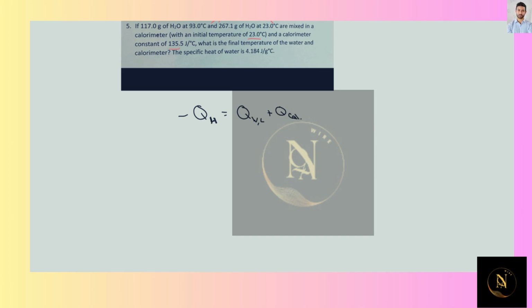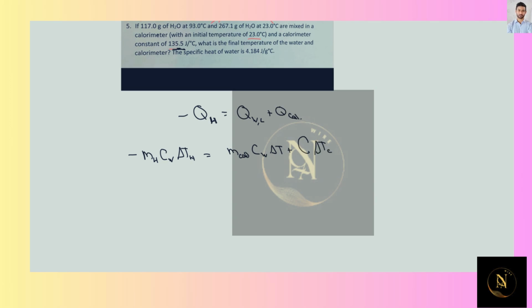In this case, the heat of the hot water is going to be minus mass of hot water, heat capacity of water, times delta T for the hot water, and it should be equal to mass of cold water times heat capacity of water times delta T for water, which is going to be the same as delta T for the calorimeter, plus, in this case, the constant for the calorimeter, that is going to be big C, times delta T of calorimeter.